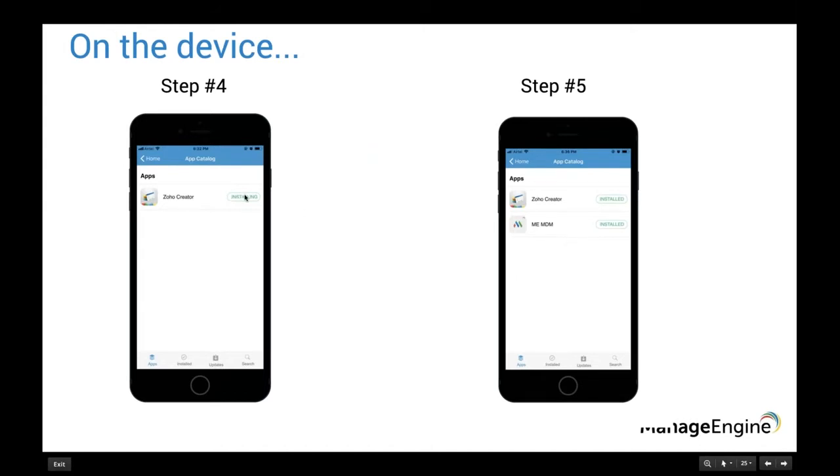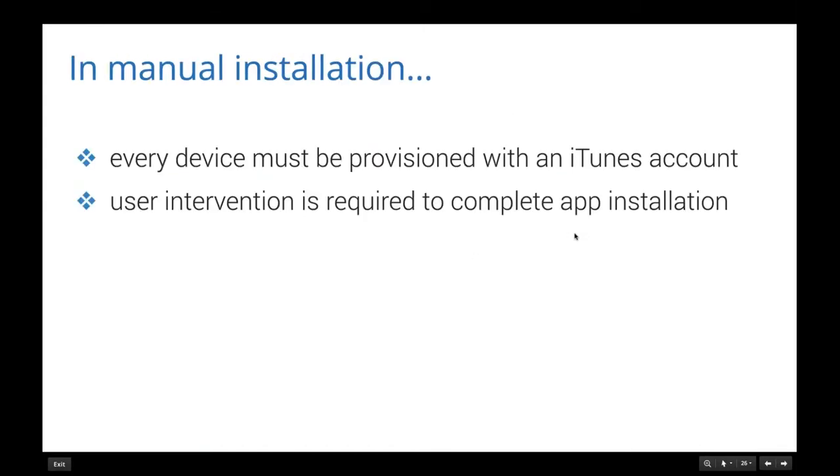So this was a manual app installation process supported by MDM. In manual installation, every device must be provisioned with an iTunes account, and also user intervention is required to complete the app installation process every single time you want an app to be installed on the device.